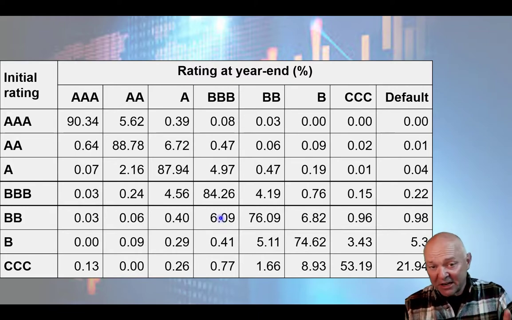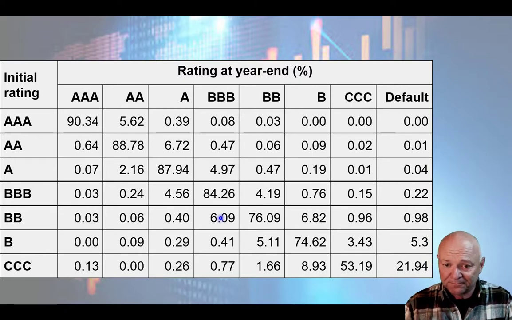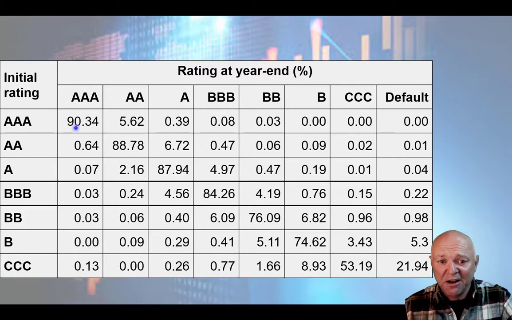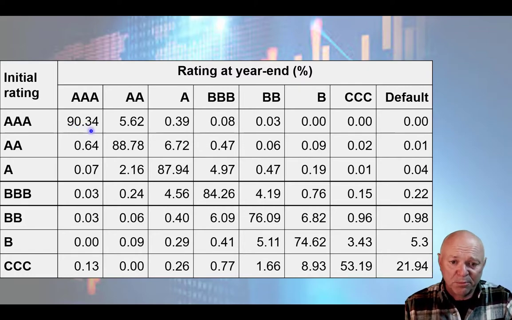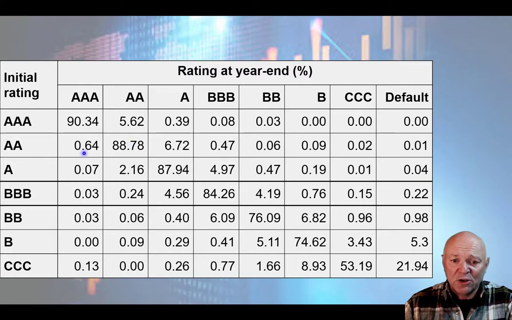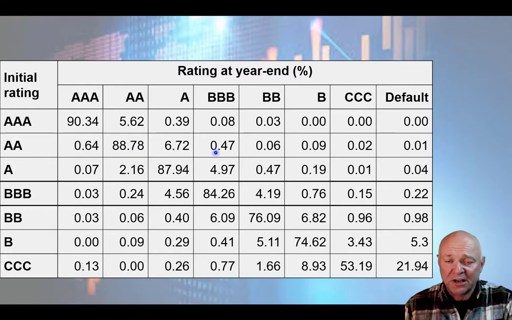And so from this table, you can see essentially that the company that starts the year as a AAA has a 90% chance that it's going to remain a AAA. With an initial rating of AA, there's about an 88% chance that they're going to remain AA. And they could go up and they could go down according to this table.